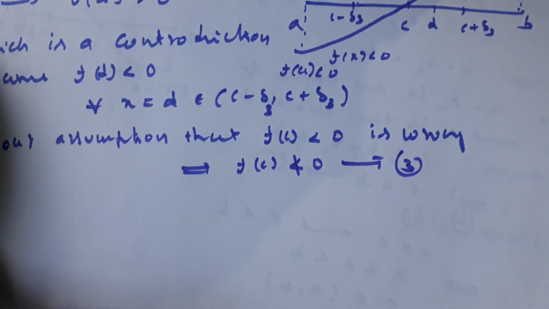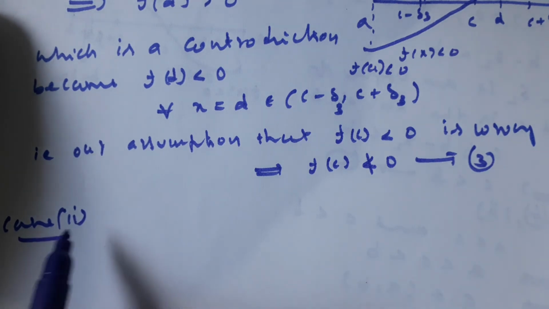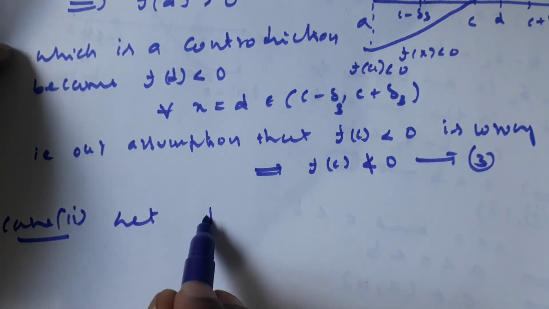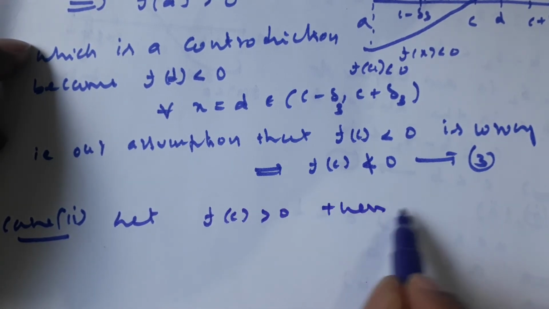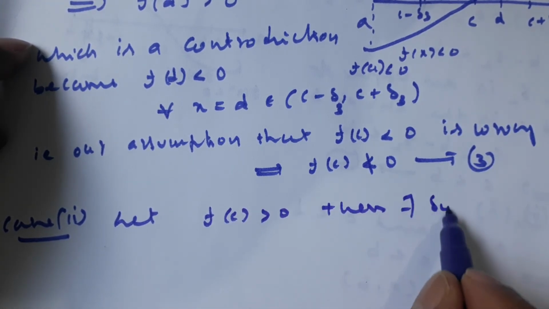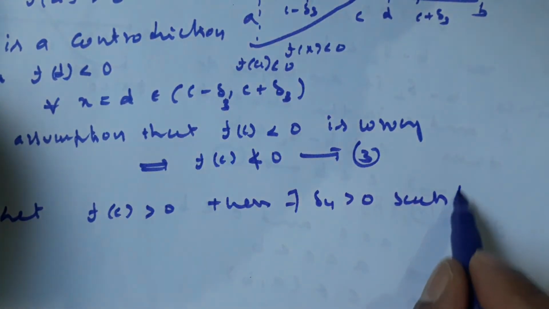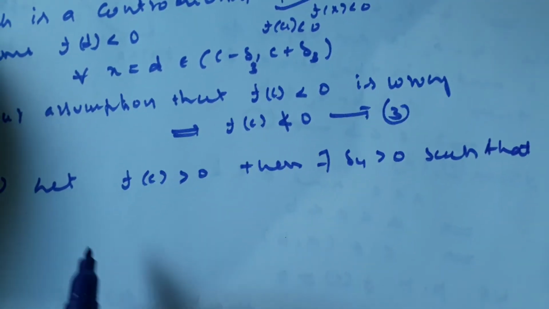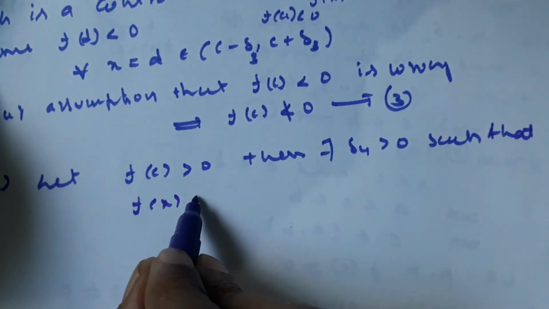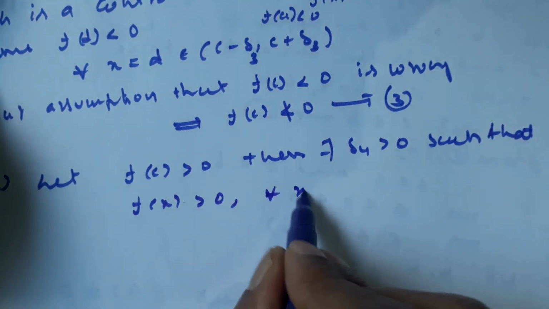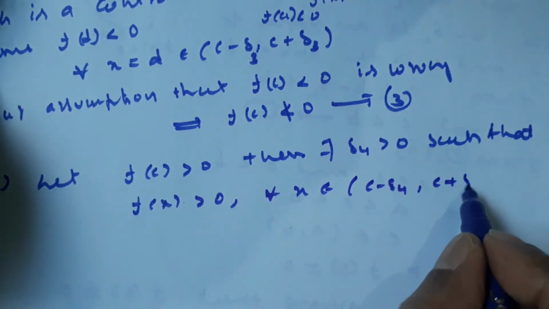Next, case 2. Let f of C be greater than 0. Then there exists delta 4 greater than 0 such that f of x is greater than 0 for all x belonging to the open interval C minus delta 4, C plus delta 4.